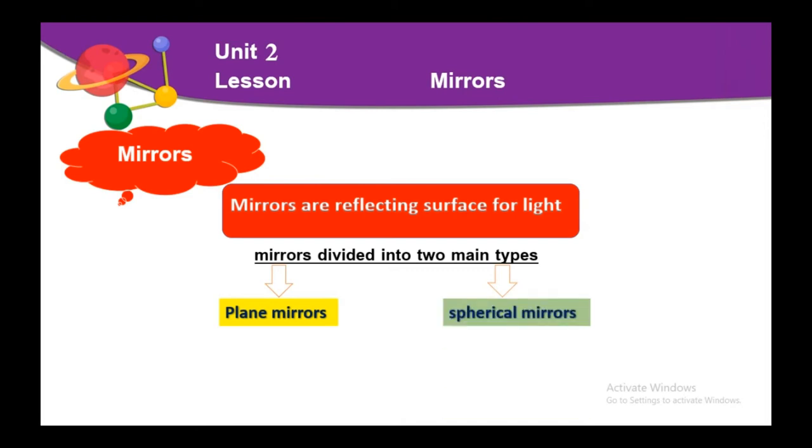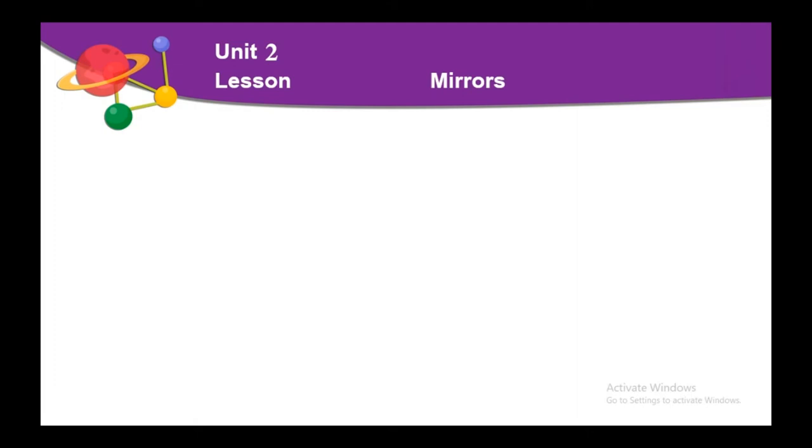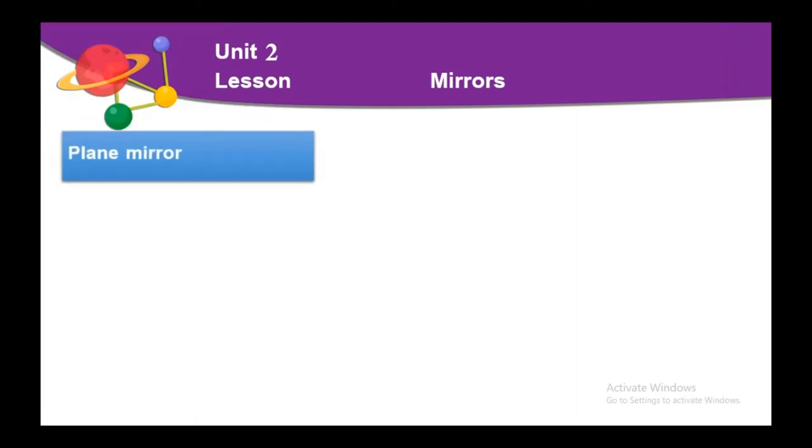The first type of mirrors, plane mirrors. The second type, spherical mirrors. Spherical mirrors can be divided into two types, concave mirror and convex mirror. We will start with plane mirror.